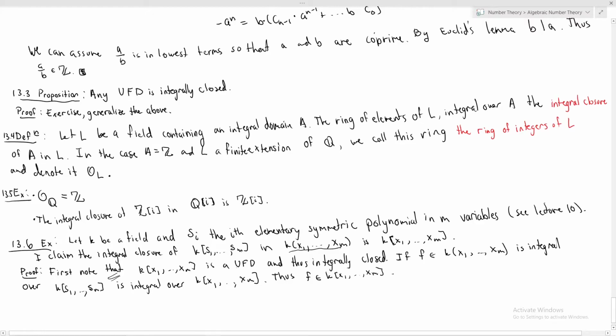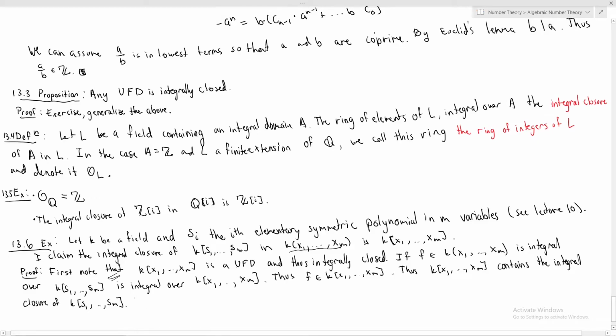It tells me that elements of the integral closure of the symmetric polynomials are regular polynomials. Thus K adjoin x1 through xm contains the integral closure of K adjoin s1 to sm.